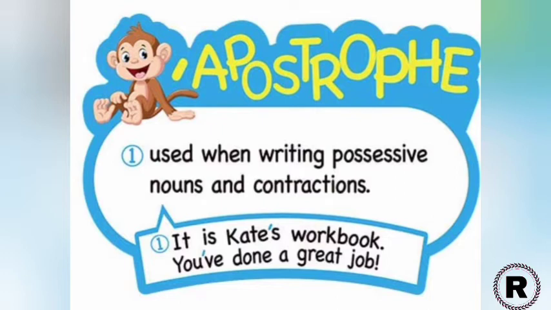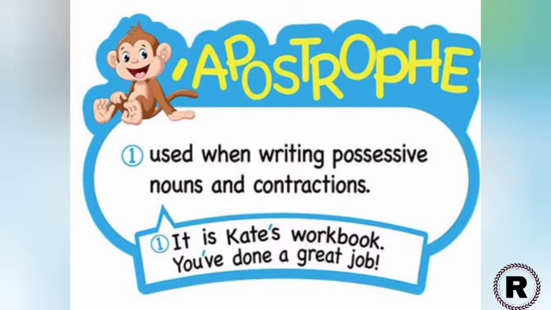As you can see, it is Kate's workbook, in the possession of Kate, right? So Kate has apostrophe s. This means that this apostrophe is showing the possession of the workbook by Kate. Kate has that workbook in her possession.